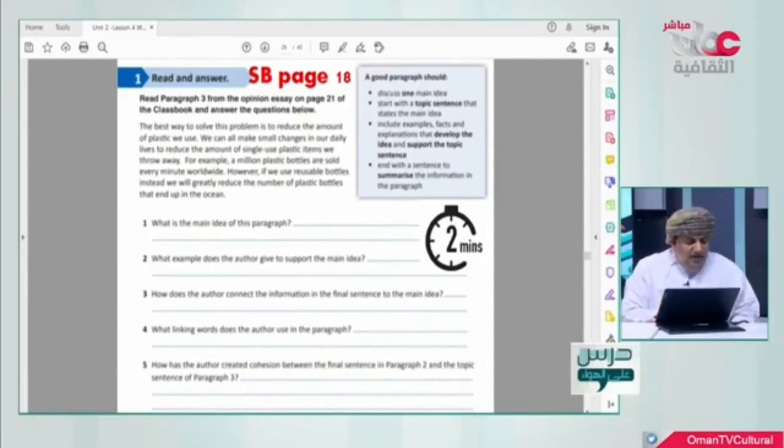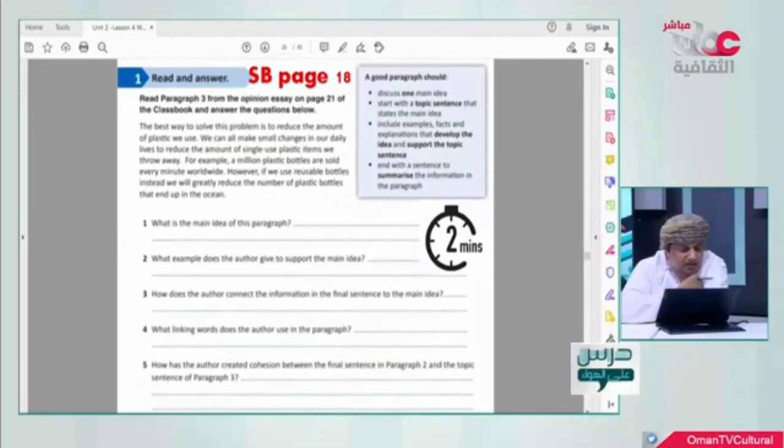Number 2, what examples does the author give to support the main idea? The writer, what does he give to support the main idea? So where could you find this answer? The final sentence, or the first sentence, or in the middle? I think you'll find it in the middle, because it means the supporting sentence.